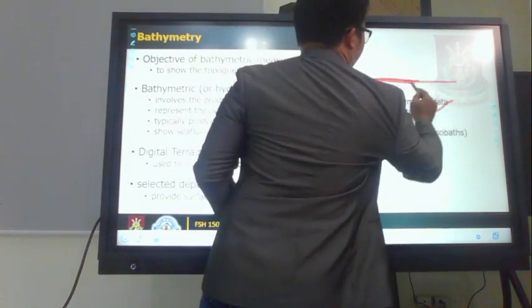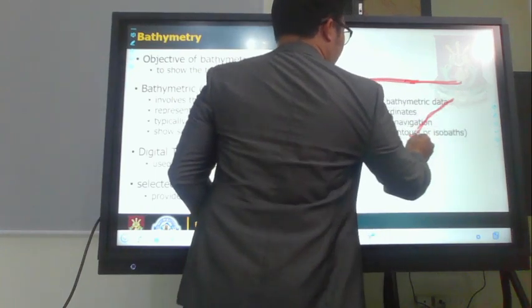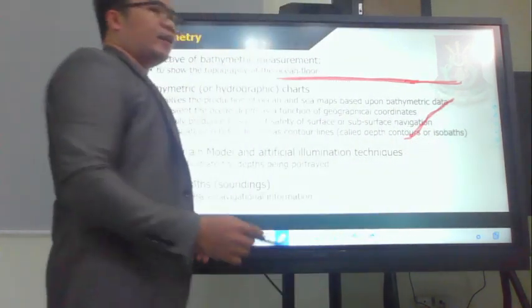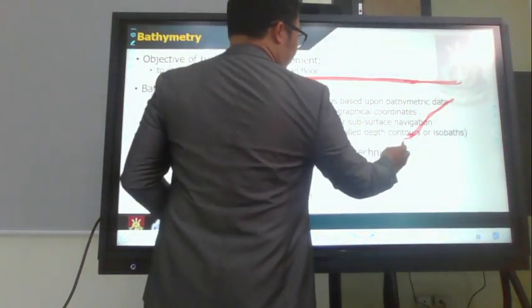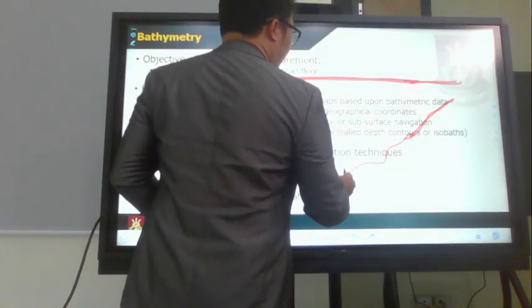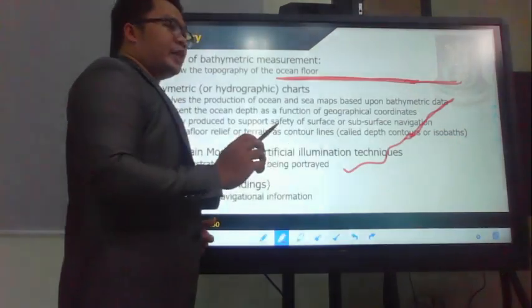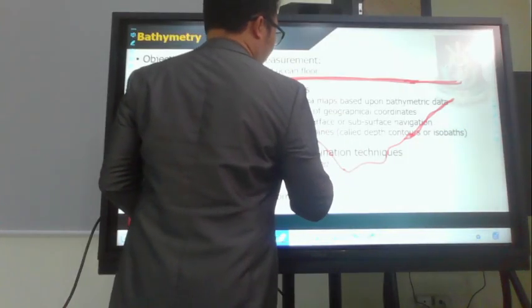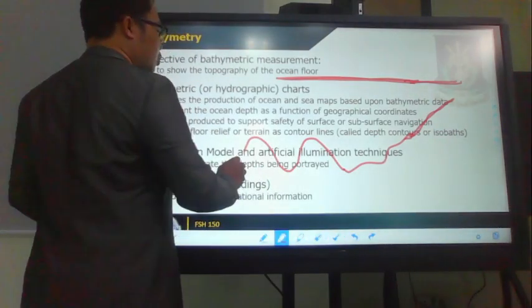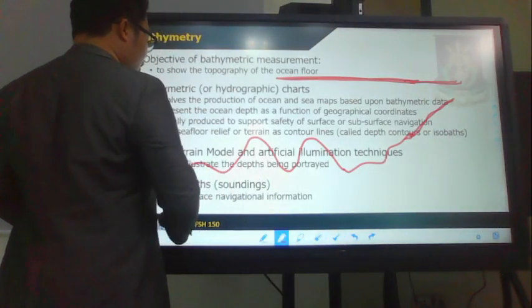Mabababaw yun sila. And then as you go farther from the shoreline, you can observe that there are deeper areas, and sometimes it goes up and then goes down, and then goes up and down again.